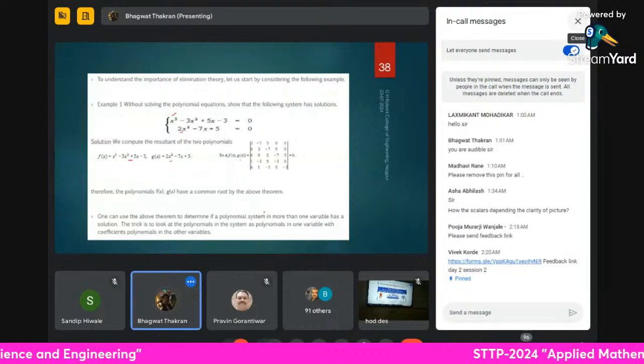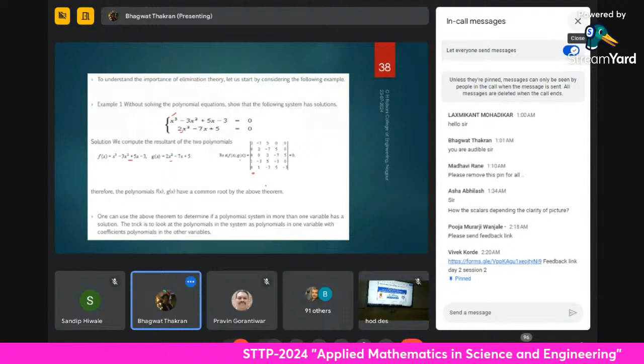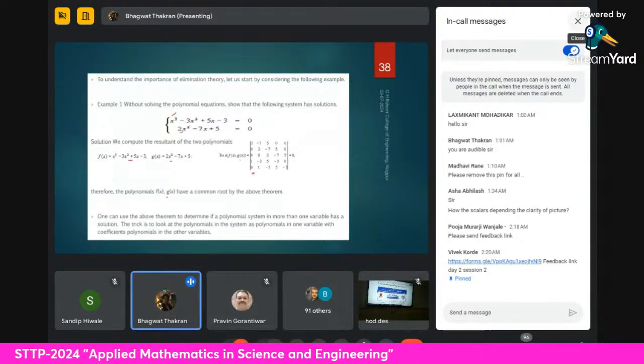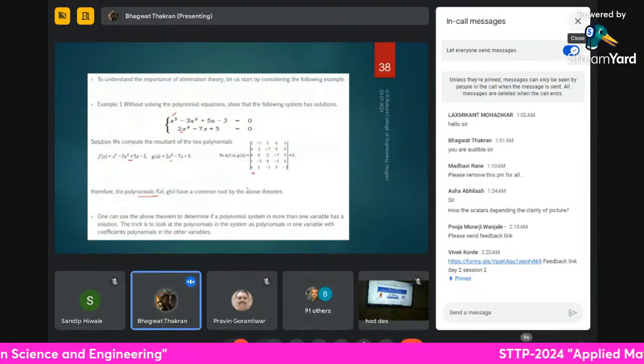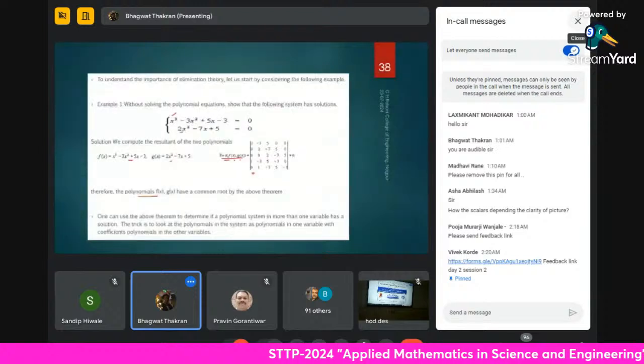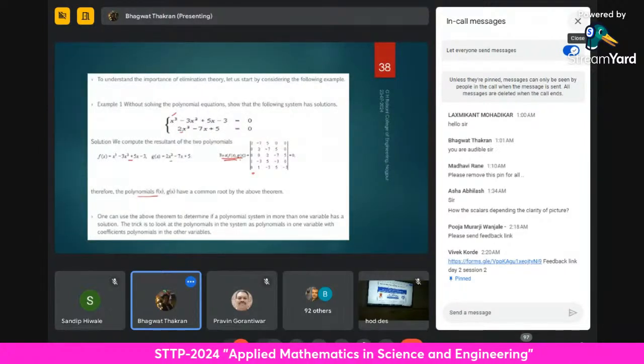Depending on the determinant, whether it is 0 or not, I can say whether the polynomials have a common solution.